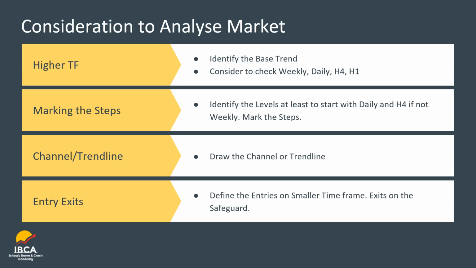To analyze the market, there are four different sections. When we start the day, I would like everyone to go to the higher time frame. If you are on MT5, you can go to weekly. If you are on the TradingView browser-based tool that I provided, it goes to a maximum of daily, and that is sufficient, I believe, to check the bias of the market.